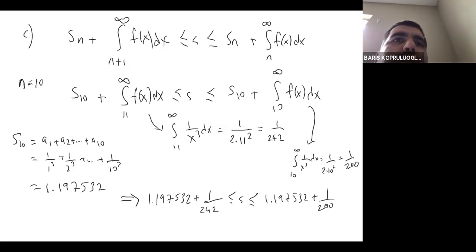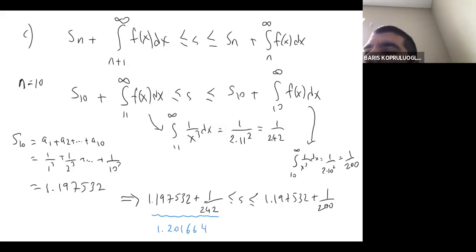And if you calculate these guys, you'll find that it's 1.201,664 and 1.202,532. So this is our approximation for the actual sum.